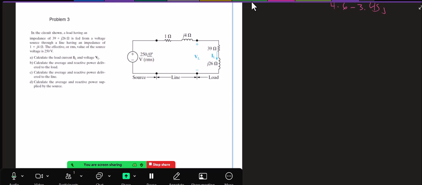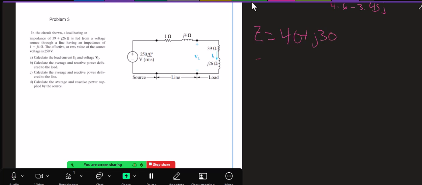So how would y'all like to do the IL? Yep, that's what I did. And the total impedance is 40 plus J30.